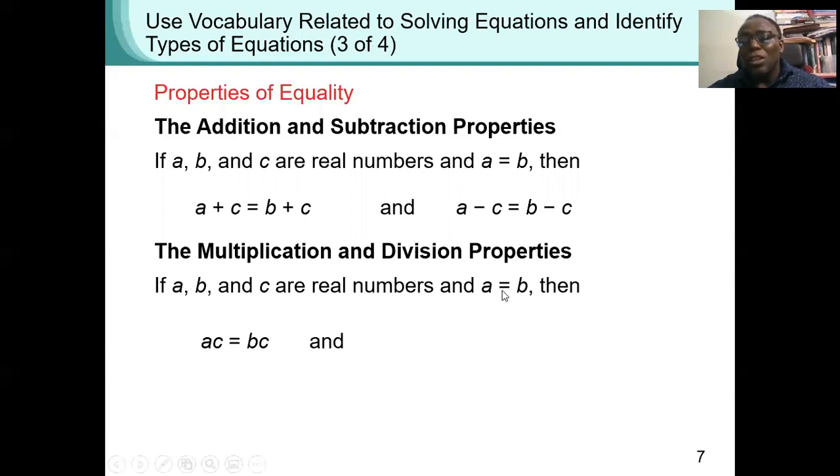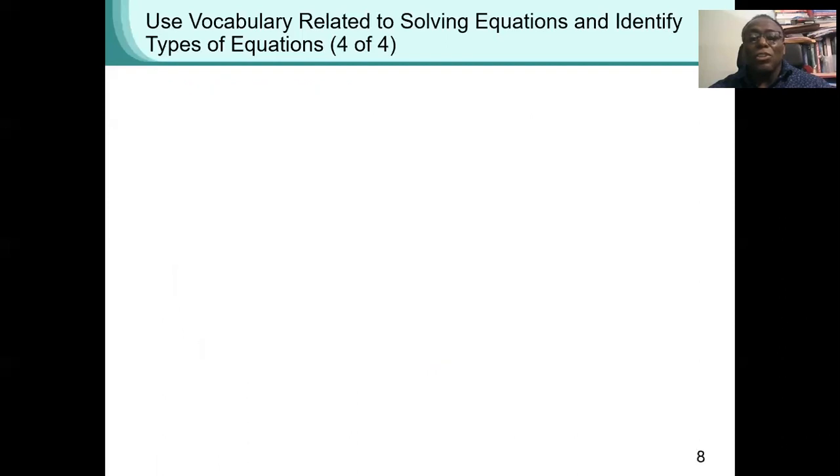In other words, if I multiply any value to a and the same value to b, both of them will be the same. It's the same thing with division. a is equal to b, so if I divide a by c and I divide b by c, a over c and b over c are the same. So those are, again, the properties of equality.